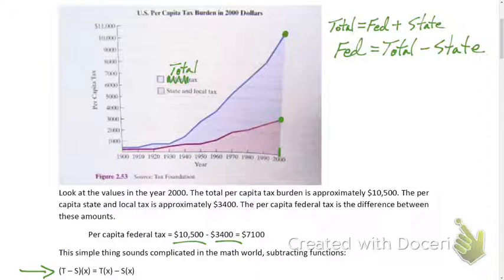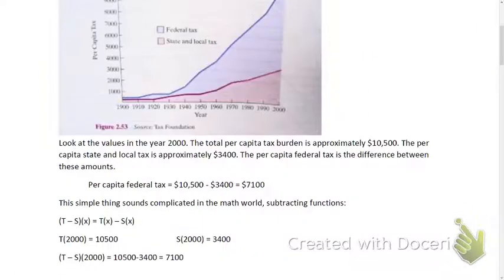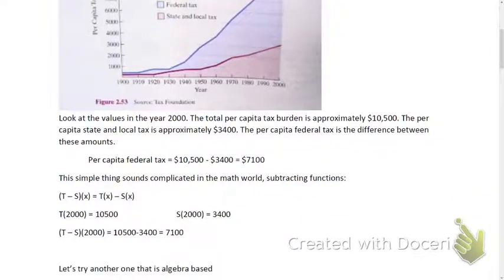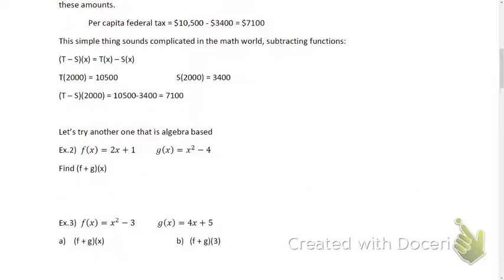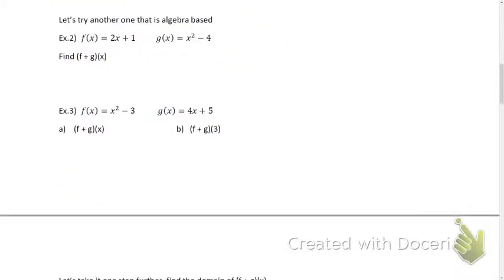So we're about to do combinations of functions, and many times they write it like you see typed at the bottom of the screen. So when you see that, t minus s of x, they're just telling you to subtract the two functions. So let's practice it with algebra equations.